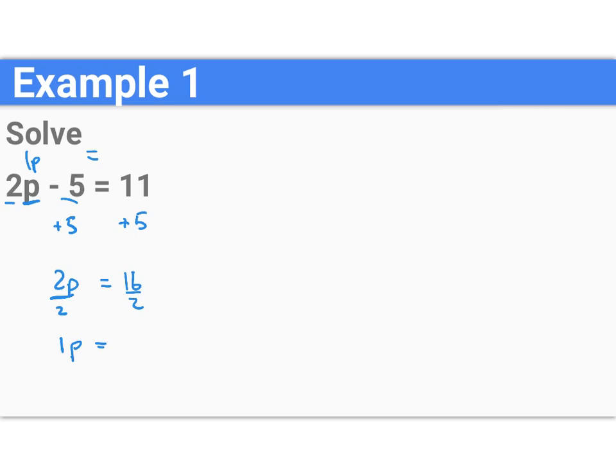And whatever you do to one side of the equation, you have to do to the other. So if I add 5 on one side, I have to add 5 on the other, because we saw in the previous slide that is your transitive property. And so 16 divided by 2 becomes 8. So you're going to use a mixture of the properties from the previous page to solve all types of equations.